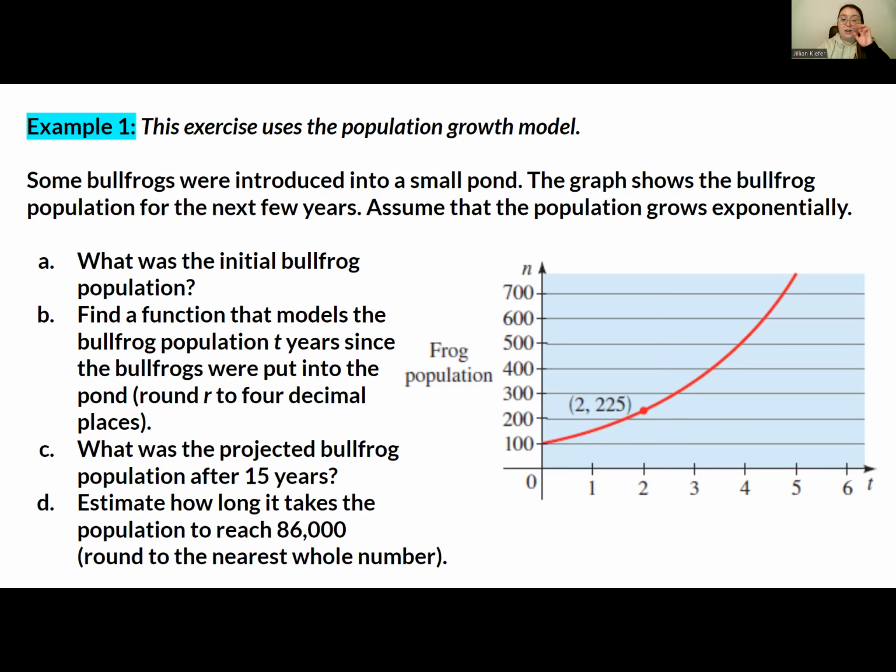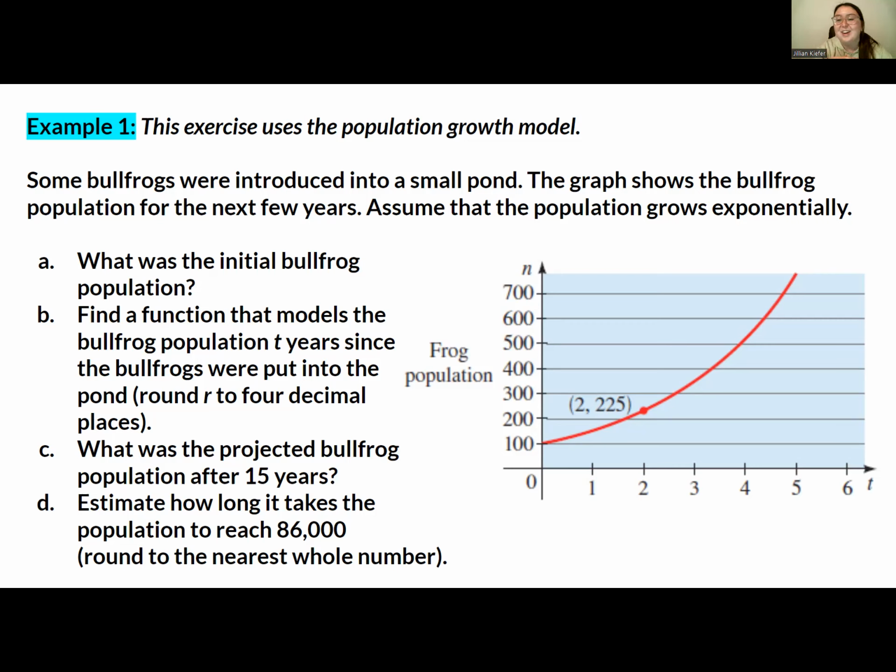So, all right, we've got a graph here. We see that we've got frog population in comparison to years. And so we want to use the information from the graph to develop the equations that we need and figure out the values of R, like we have here. We see that the red line is going to start at 100, which means that's our initial population.